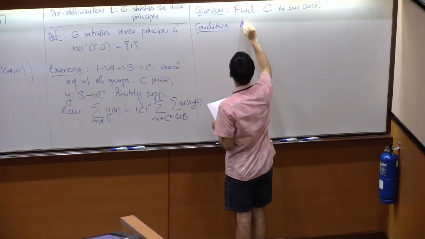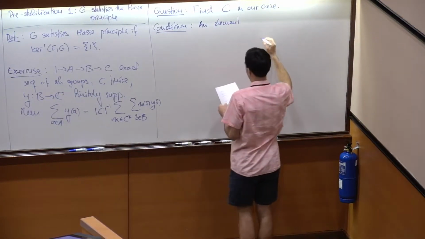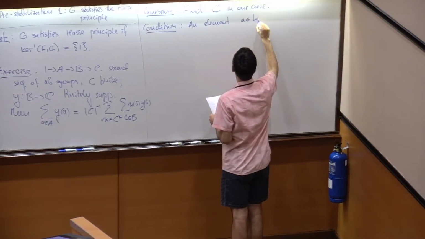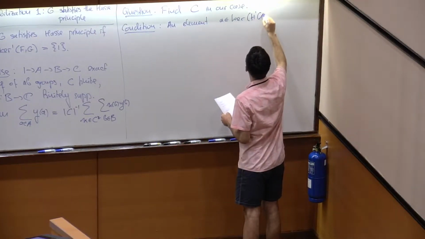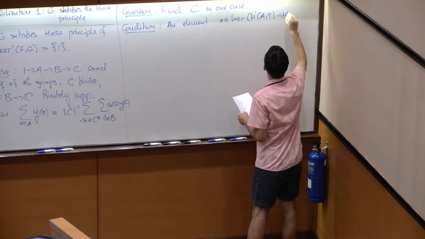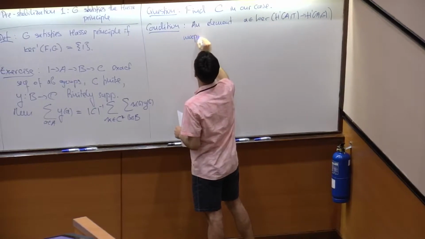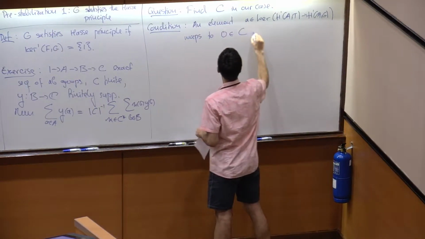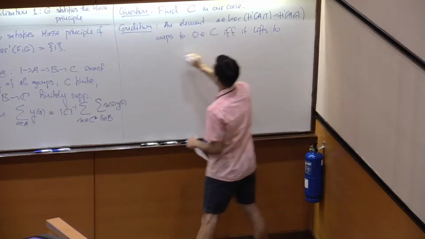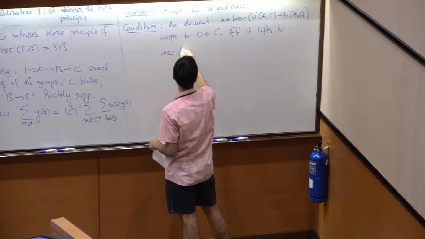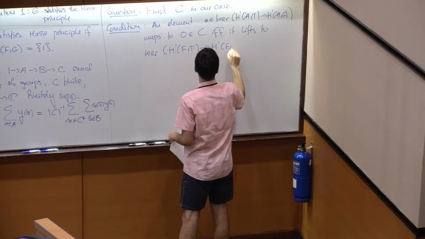The condition is an element a in the kernel of H1 AT to H1 AG maps to 0 in C if and only if it lifts to the kernel of H1 FT in H1 FG.